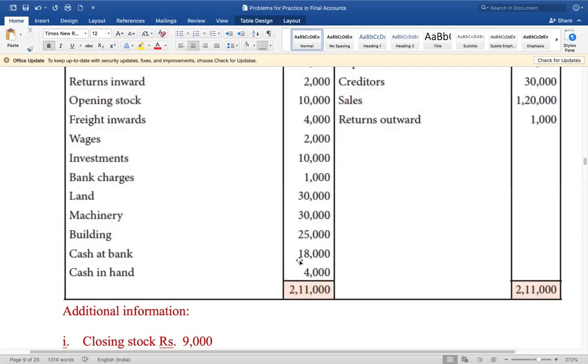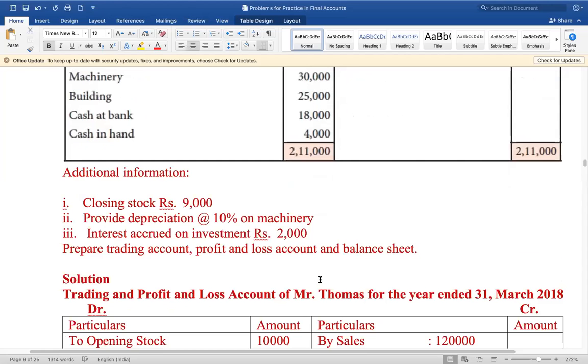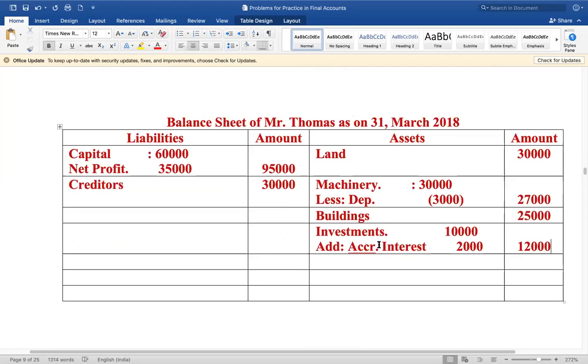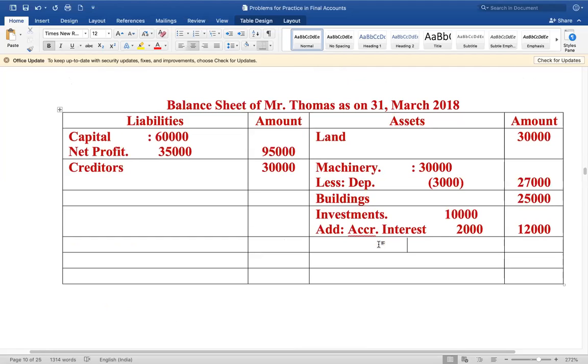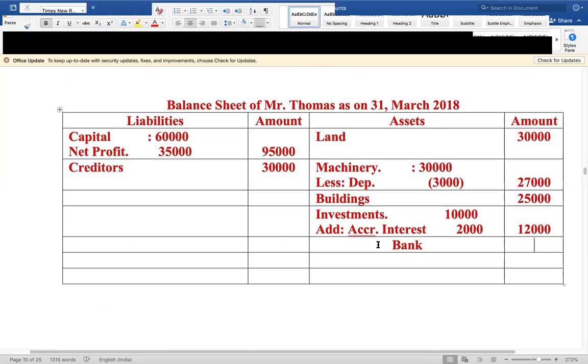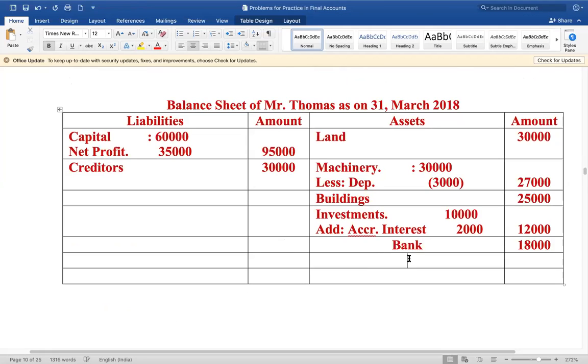Next, what are the next items? Cash at bank, that's the bank balance. Bank balance 18,000, cash 4,000.